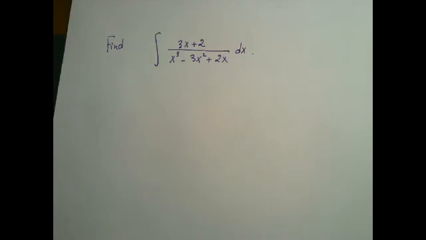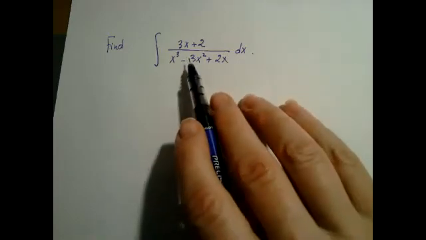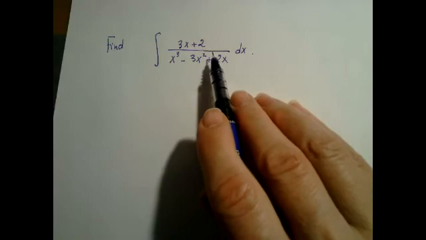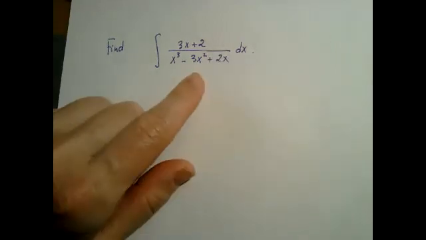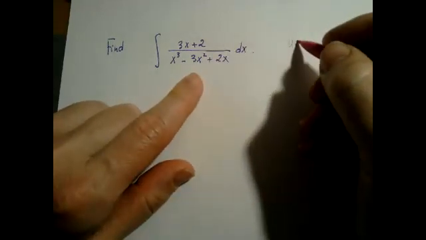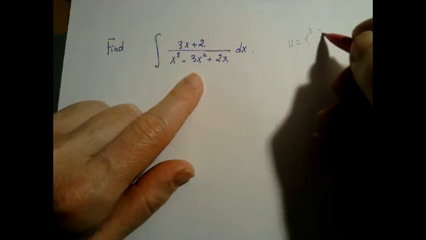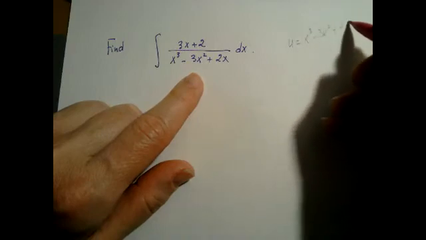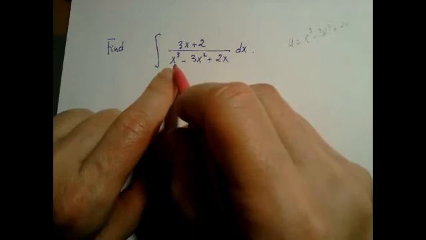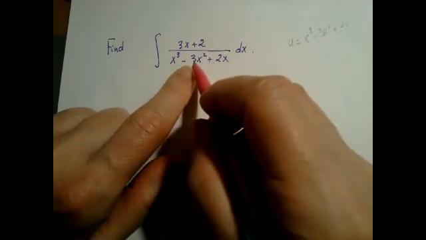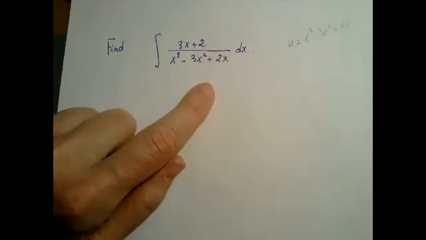Okay. Of course, if you look at it, it's outrageous. How am I going to find the antiderivative of this function? And first, I ask myself, is substitution going to work? It means that if I put u to be the denominator, its derivative is 3x squared minus 6x plus 2, nowhere to show up.